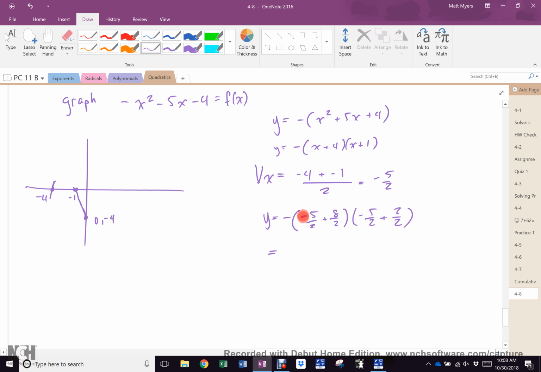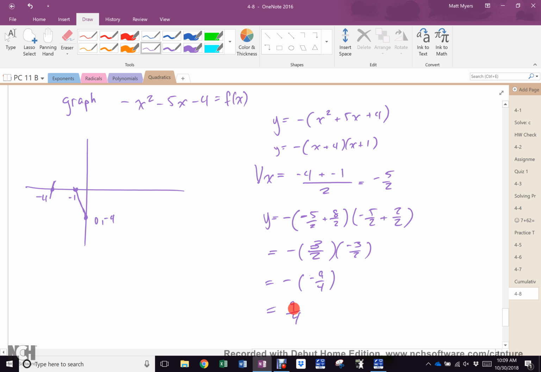So what is negative 5 plus 8? 3 halves. And what's negative 5 plus 2? Negative 3 halves, yes? What's 3 halves times negative 3 halves? Negative 9 fourths. What is negative 9 fourths? Positive 9 fourths.